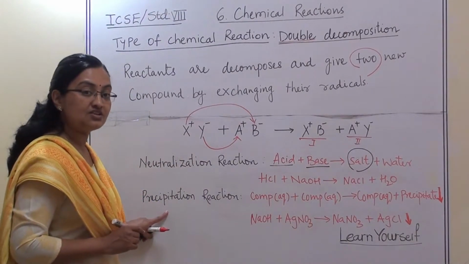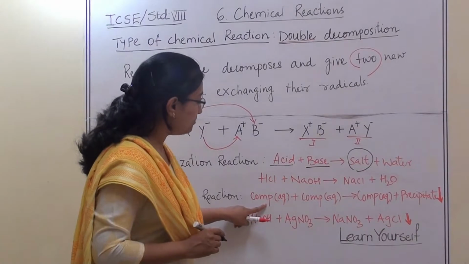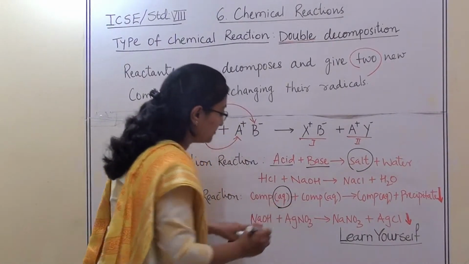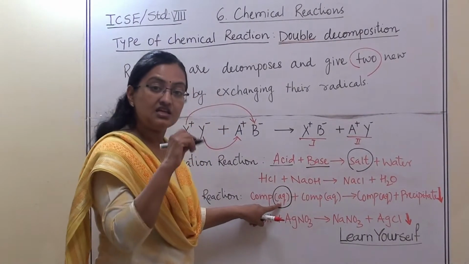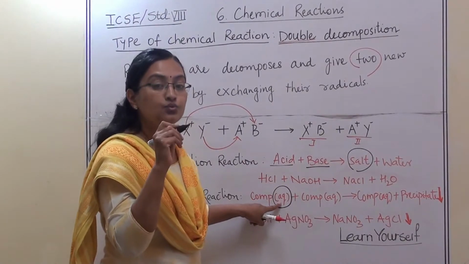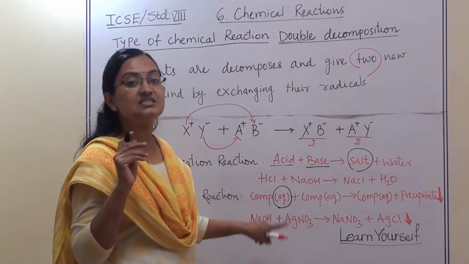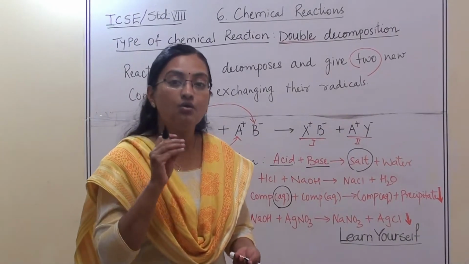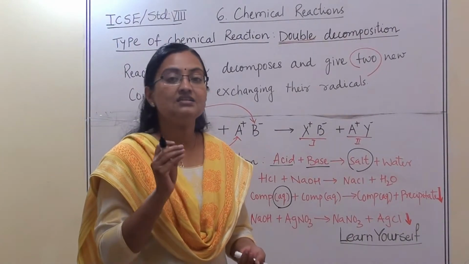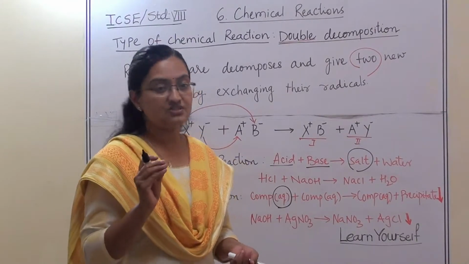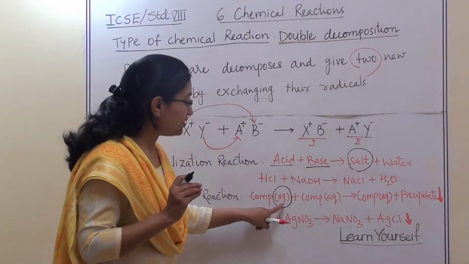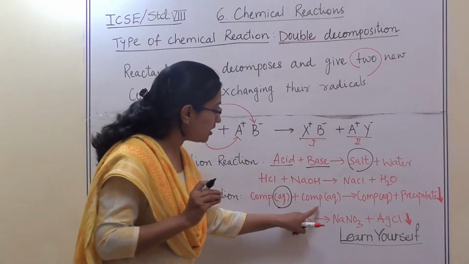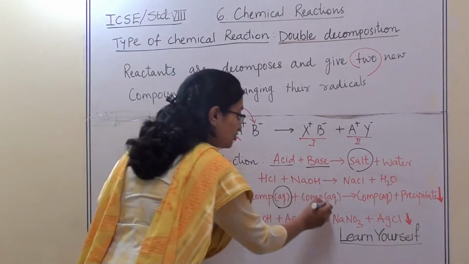What is a precipitation reaction? When a compound is in aqueous form, written in brackets as (aq), that means the medium is aqueous. When we dissolve that salt in water, that is known as an aqueous solution. So one compound is in aqueous solution, another compound is also in aqueous solution.